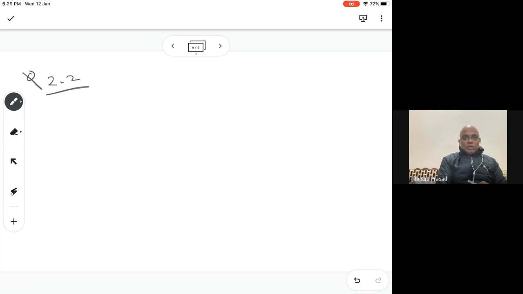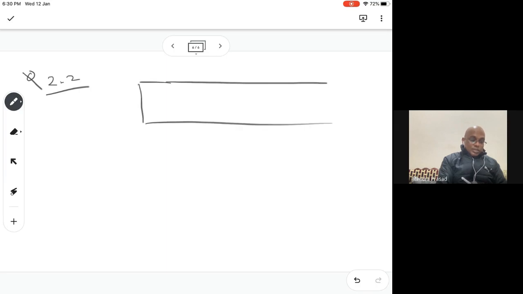And for this, this is a structure which looks something like this.